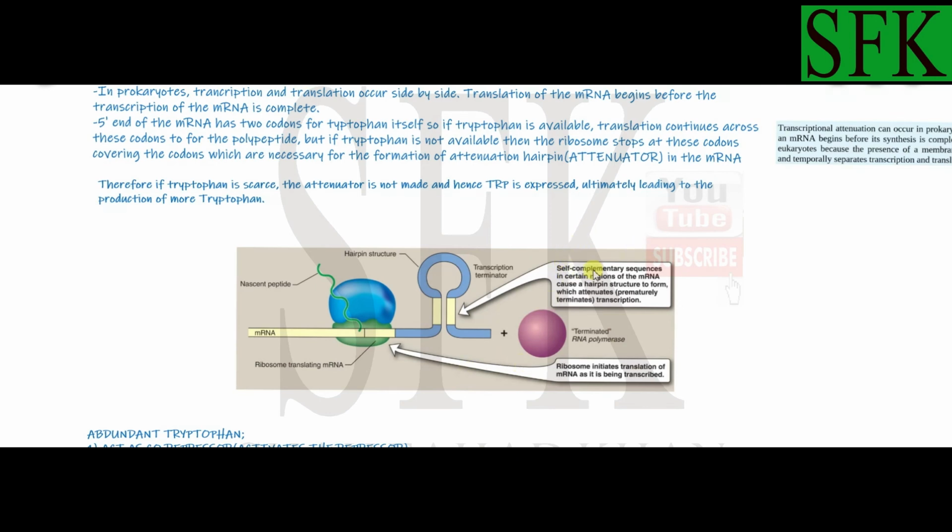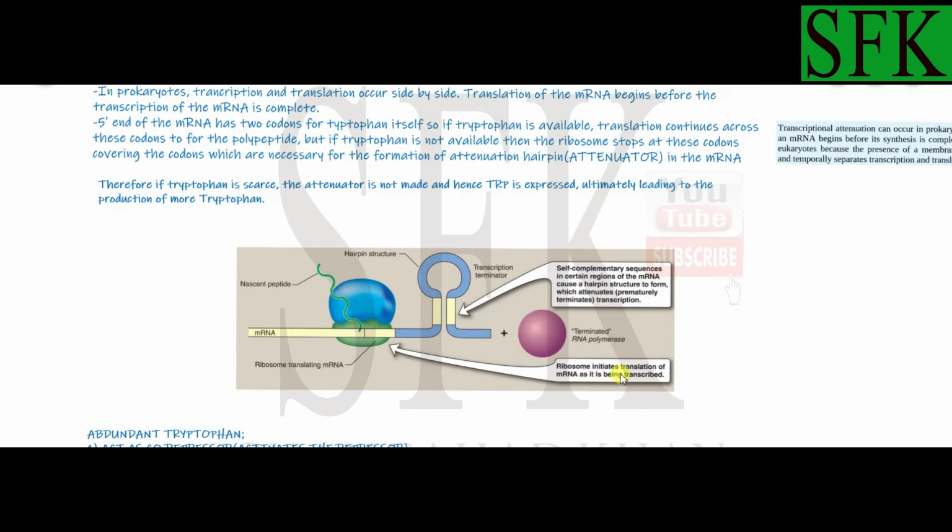Now I'll just read over this part. Self-complementary sequences in certain regions of the mRNA cause a hairpin to form, which attenuates transcription prematurely. We've talked about this, that these self-complementary sequences pair with one another and form the attenuator sequence, the hairpin.